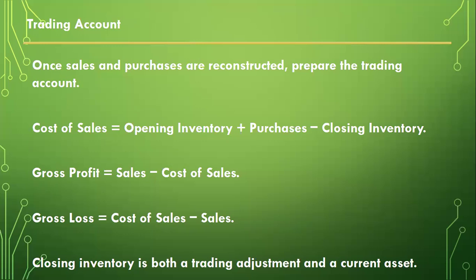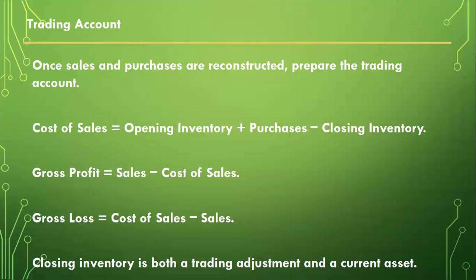So for our trading account, under an incomplete record, when we are asked to calculate cost of sales, we have another formula here. Your opening inventory plus your purchases minus your closing inventory.